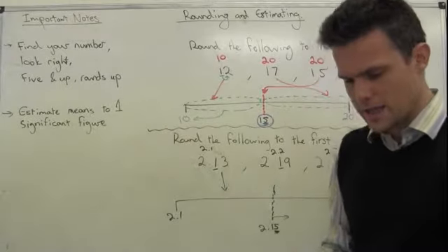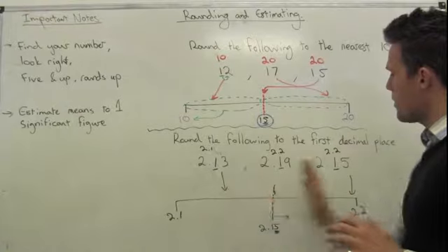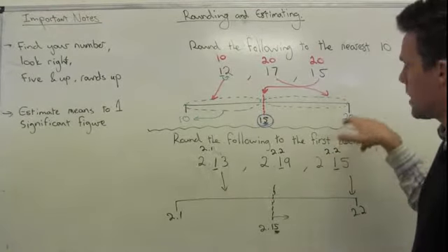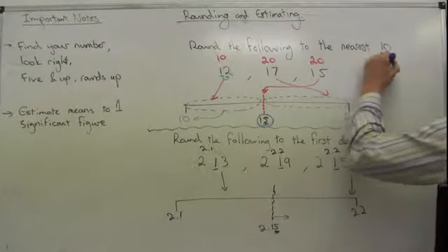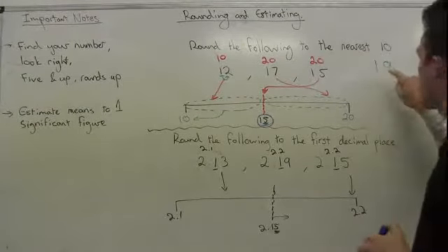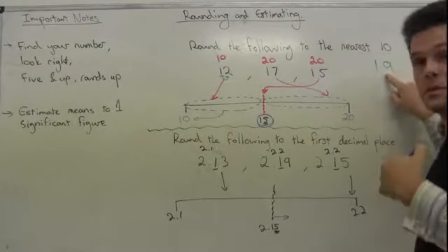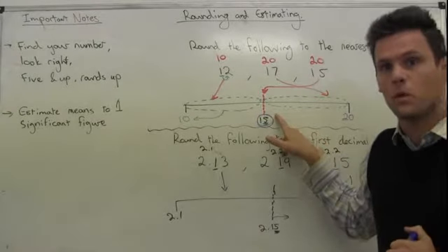And the reason for that is that it designates halfway. So halfway is very, very important, because if this number here is bigger than 5, let's say I wanted to round 19 to the nearest 10, I can straight away tell it's going to round to 20 because the 9 is bigger than 5.